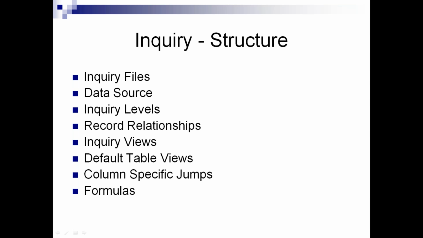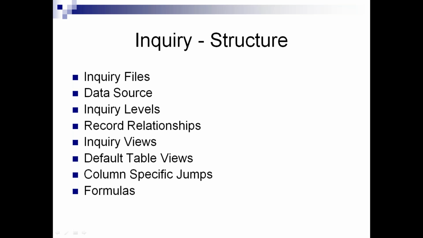We're going to look at setting up an inquiry view. We're going to look at table views. These are two different ways of looking at the data within an inquiry. An inquiry view is the views that come up with columns. A table view is just like a flat screen with multiple fields of information that is pulled for a specific record.